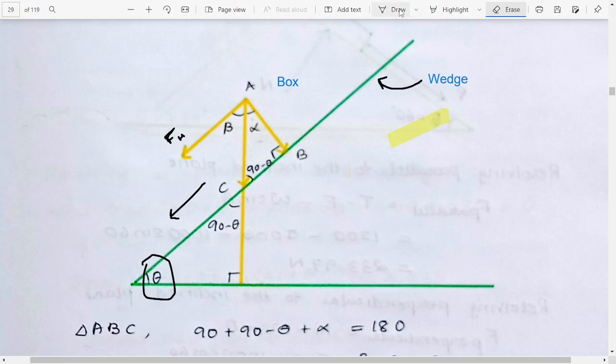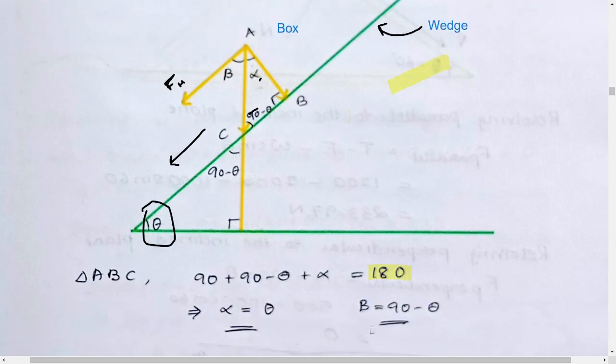Now in triangle ABC, we have 90 plus 90 minus theta plus alpha is equal to 180° according to the triangle law. Then what we get here is 180 minus theta plus alpha is equal to 180.